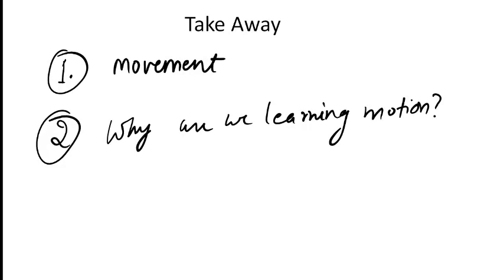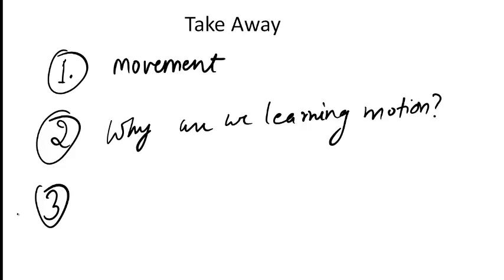The third and final takeaway would be that inquiry of a natural phenomenon has two parts. The first part is the cause of the event, and the second part is the effect of the event. And we do the same with motion. We'll first study the effect of the motion, that is motion itself. What is happening in the motion, what is the acceleration, how much displacement, how much time, what are the coordinates.